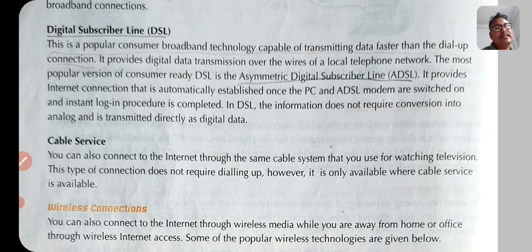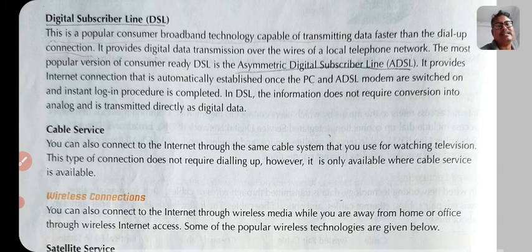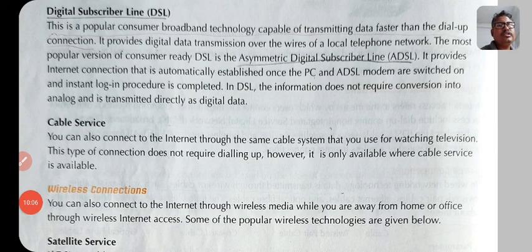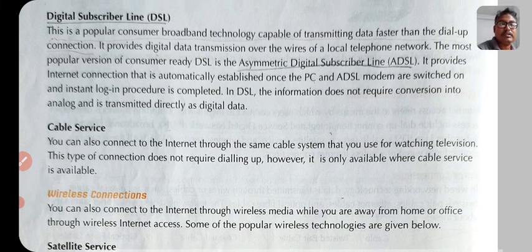In DSL, the information does not require conversion into analog and is transmitted directly as digital data. So DSL broadband technology is used to transmit data in a digital way. Before, we discussed modulation and demodulation, where sending data digitally directly is not possible.